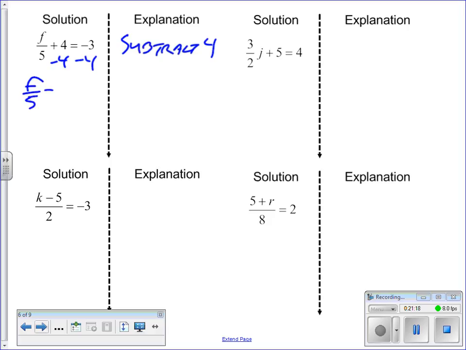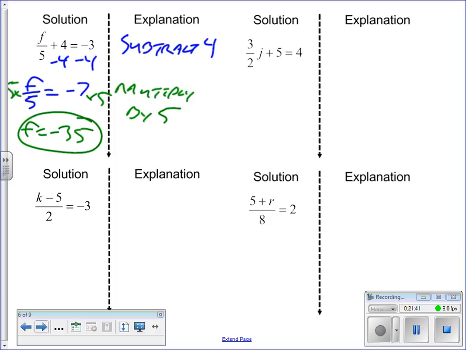F over 5 equals -7. And then what do I do? Multiply by 5. Times 5, times 5, and I get F equals -35.